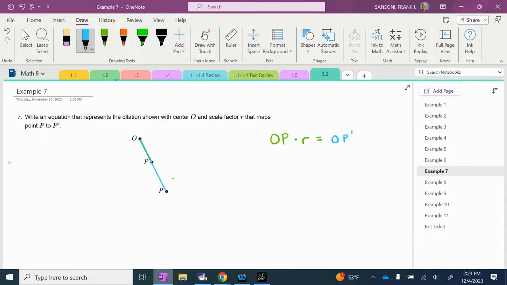Does anyone know the length of OP? 1.5? How about a 1.6? Anyone like 1.6? Perfect. So 1.6 is the OP, and I should have done that in green, so let's go back. So 1.6 is the green.